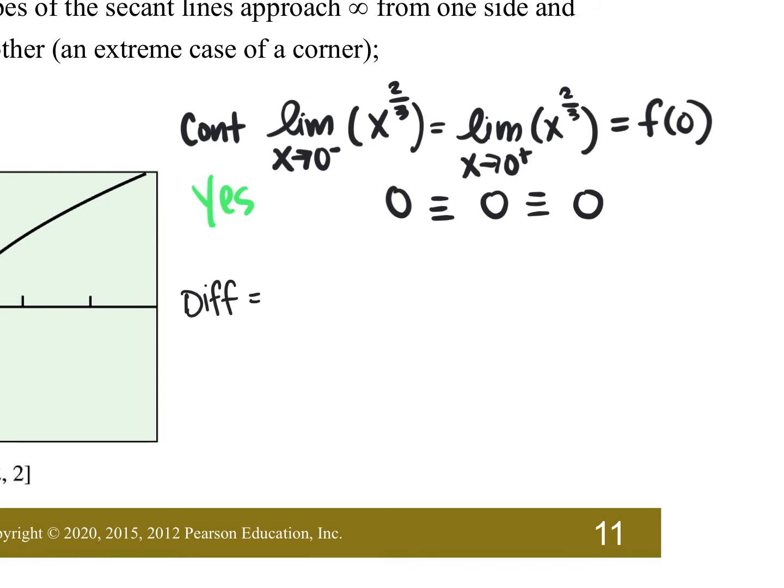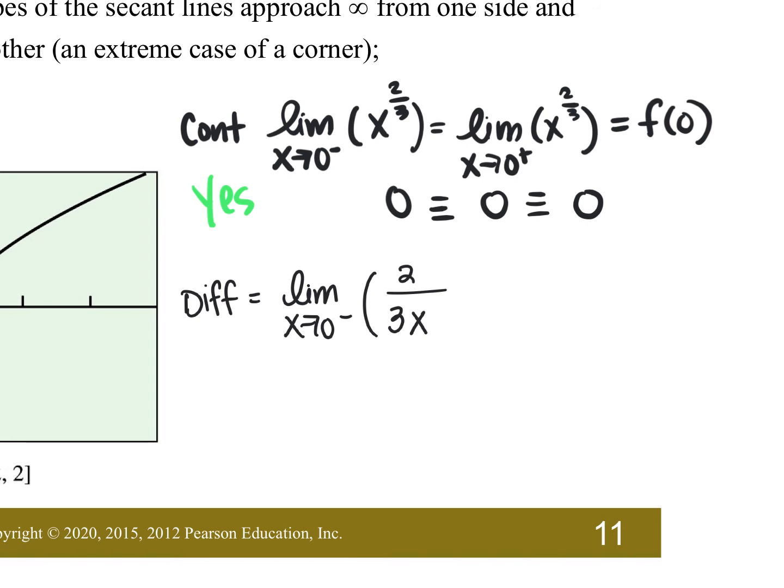Okay, differentiability. Let's check the limit as x approaches 0 from the left, and now we want to check the derivative. All right, Stephen, you want to give me the derivative? 2/3 times x to the negative 1/3.